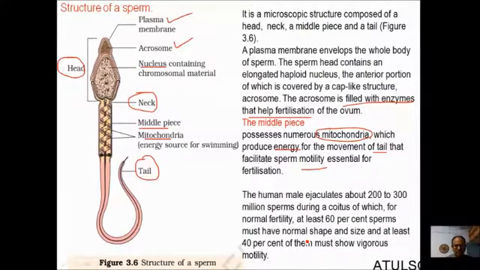The motility, the size, and the numbers also determine the process of fertilization in normal human males. So this is all about the process that we call spermatogenesis.